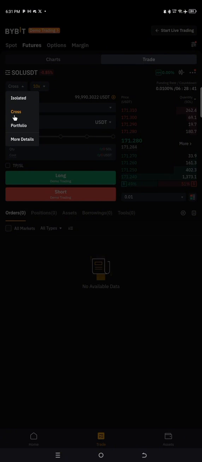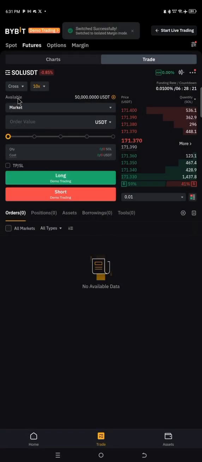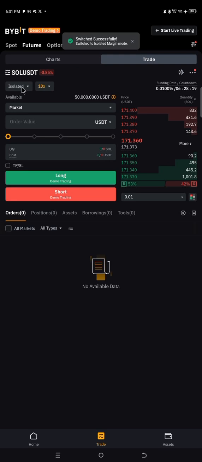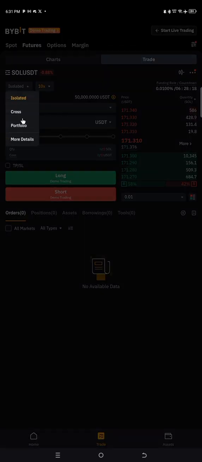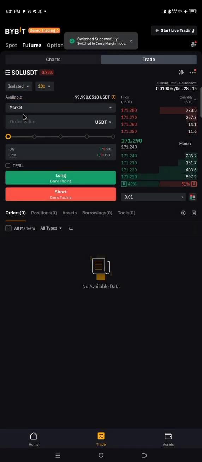whereas cross takes everything if the market goes against you, then why should we use cross to trade? Why shouldn't we use isolated to trade? That's where the problem comes. But cross increases your liquidation price. What does it mean?